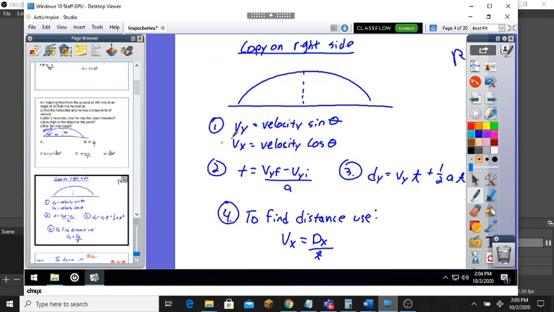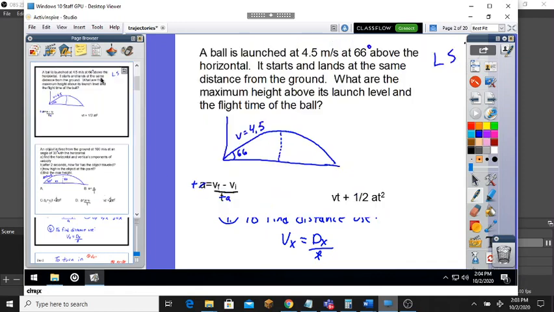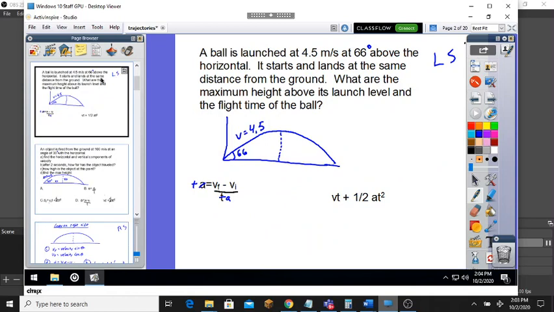If we look here, we're going to have to put Vy and Vx. That's one of the things that I didn't put in here. Let me put that in. I'll put it over here.